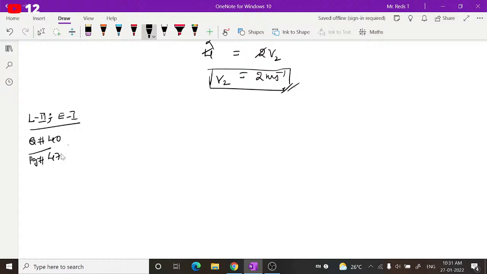Means the screen is completely blocked or what? No, sir, the screen is visible, but what you are writing we can't see. Now the question number 40 is completed. Is it visible? The screen is not visible.